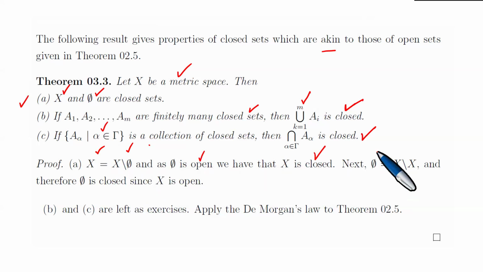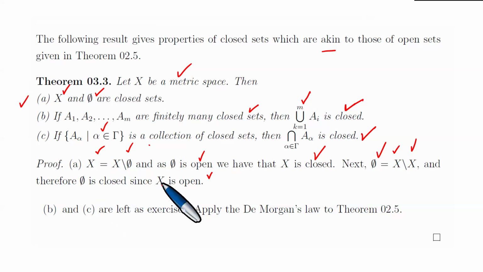Next, we can form a set equation by saying the whole metric space X minus X produces the empty set, and therefore the empty set is closed since X itself is open.